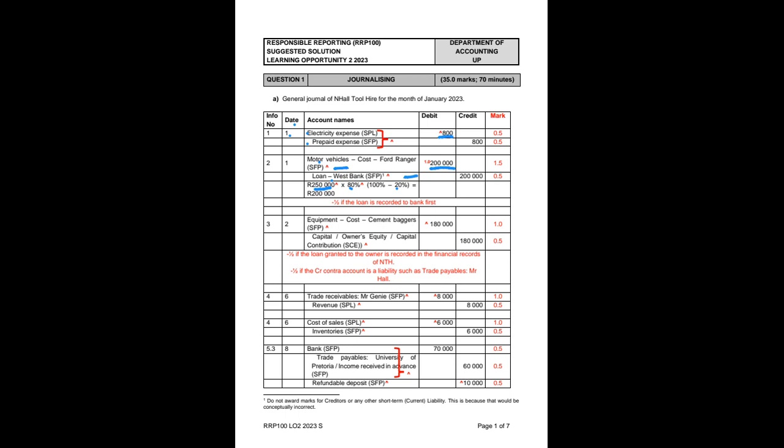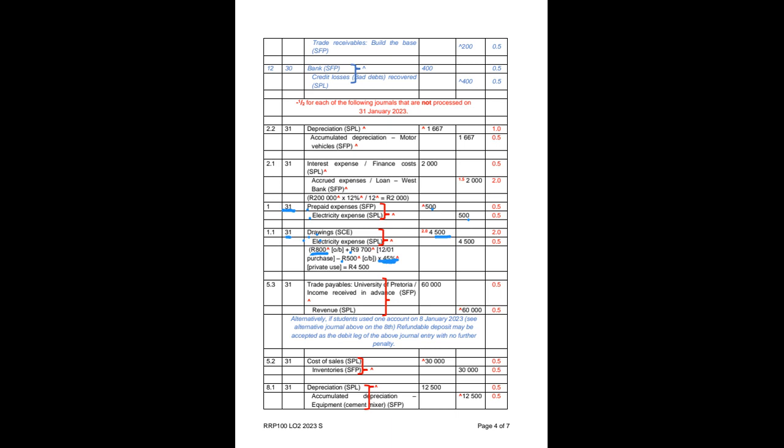Notice the trade discount does not get journalized. We don't journalize the trade discount because it is a guaranteed discount. There's no need for us to record it in any other way, because for our intents and purposes, the value of this vehicle was never 250,000 Rand. The value of this vehicle had always been 200,000 Rand. And so that's what we need to show in our accounting records.